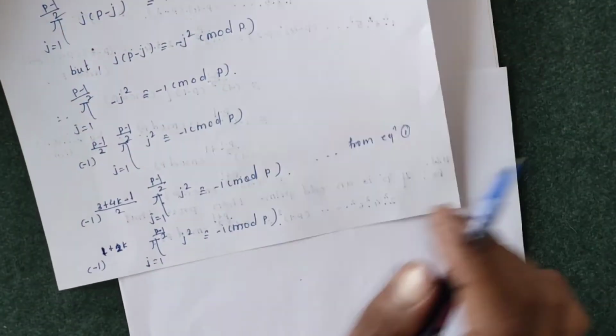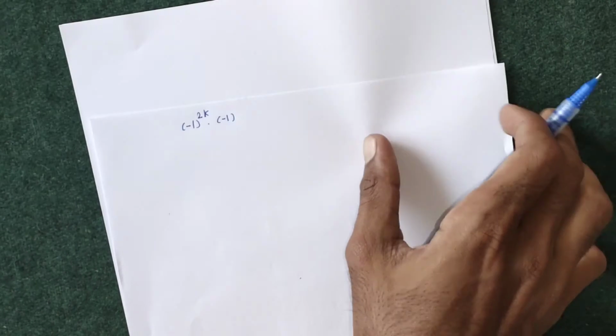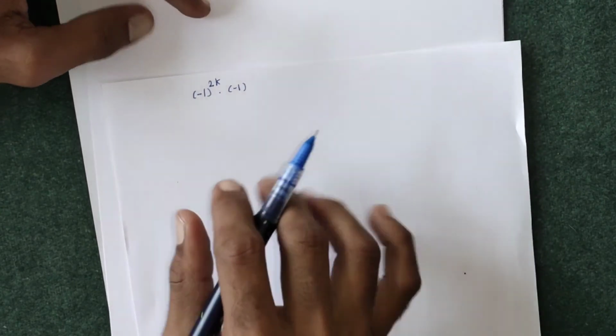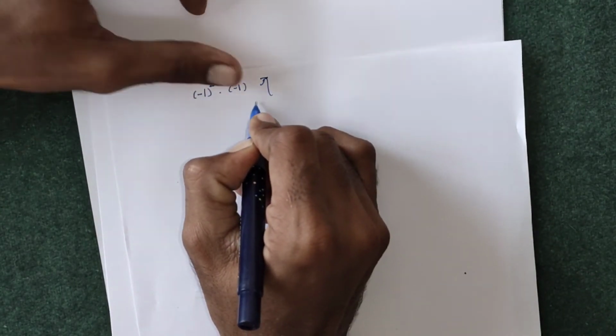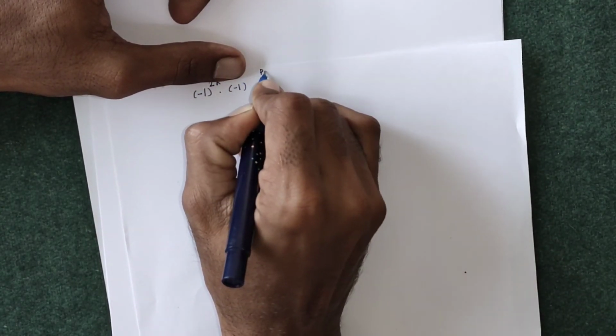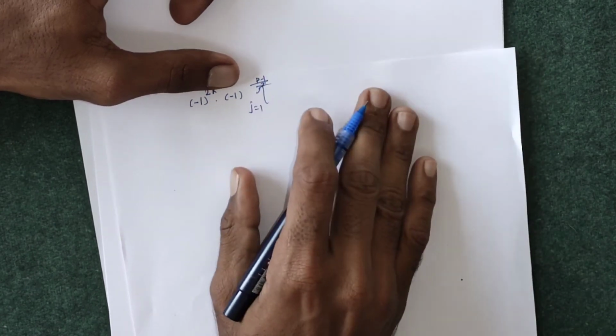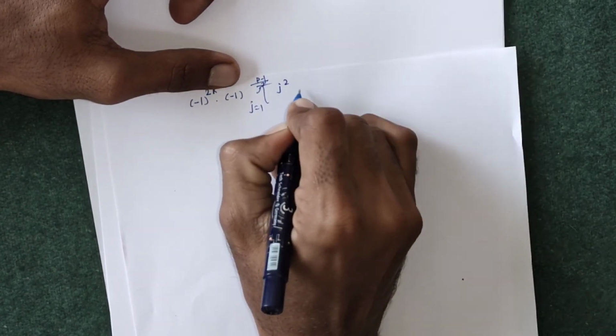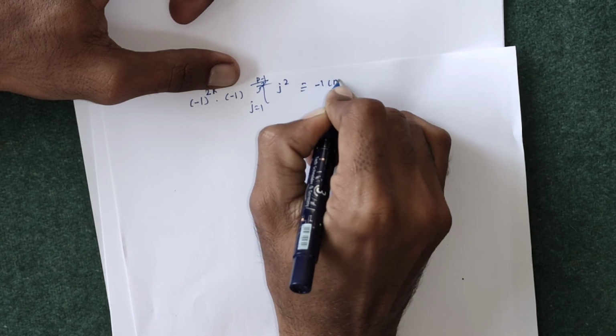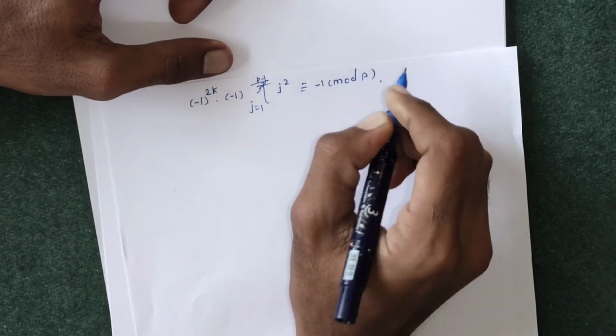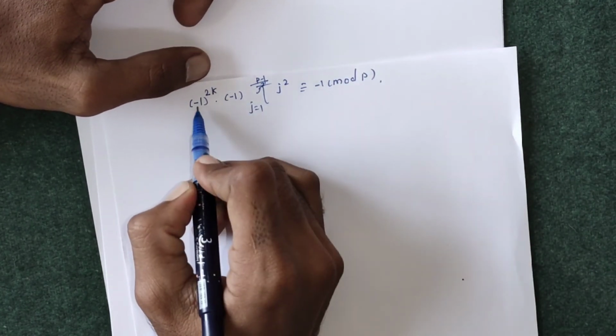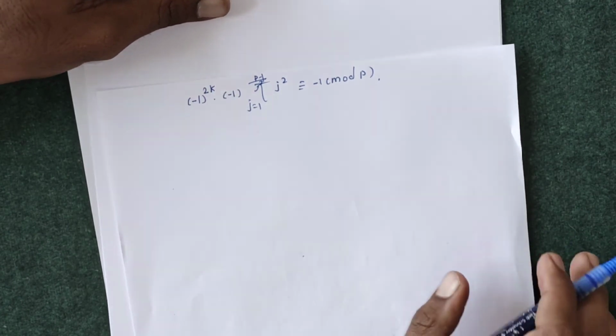So, now this product, j running from 1 to (p-1)/2 of j², is congruent to -1 mod p. So, this (-1)^(2k), 2k is again an even number.